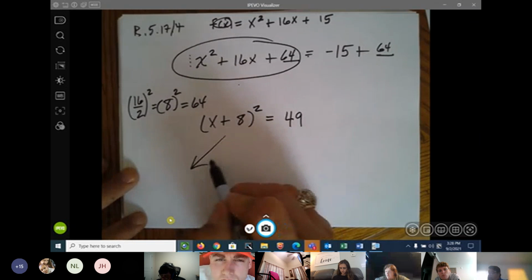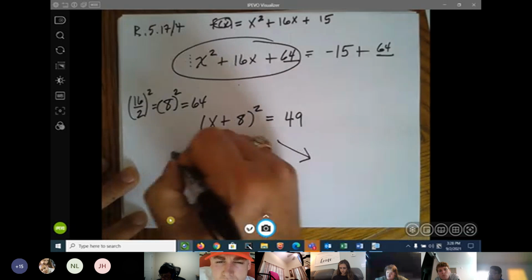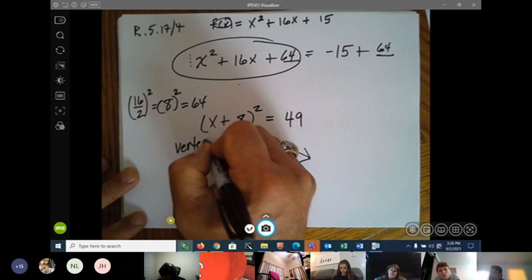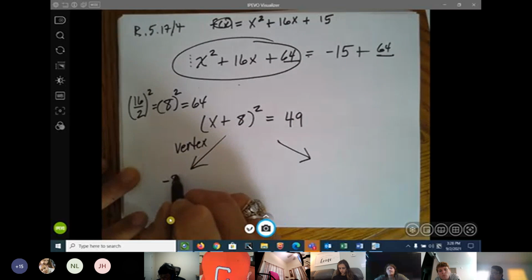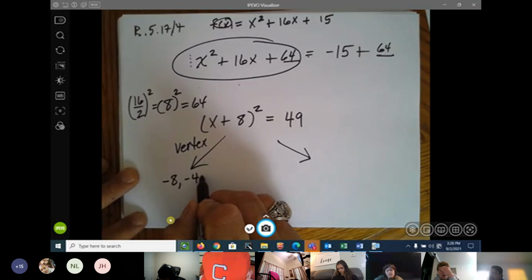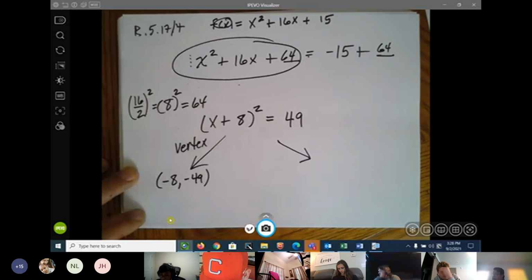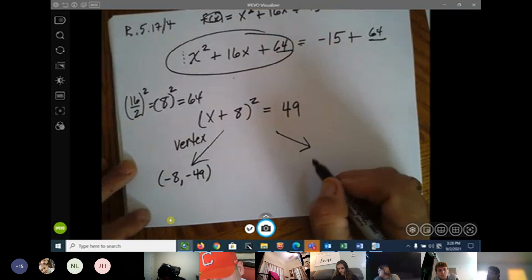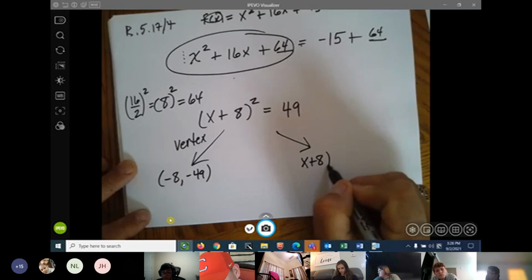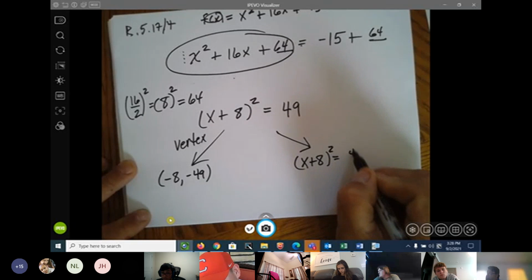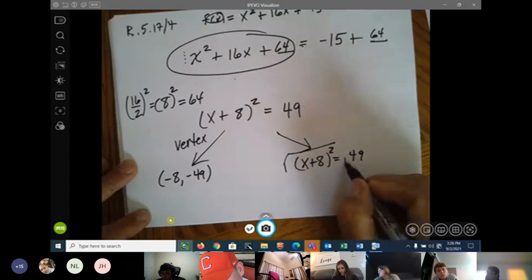At this point, you know the vertex. The vertex is equal to negative 8, comma, negative 49. And we're going to solve for x plus 8, quantity squared, is equal to 49. Take the square root of both sides.